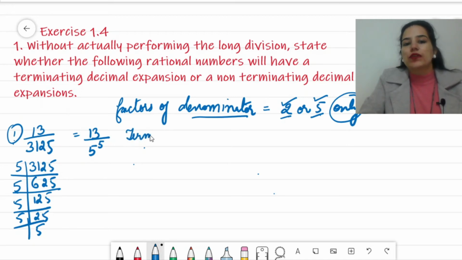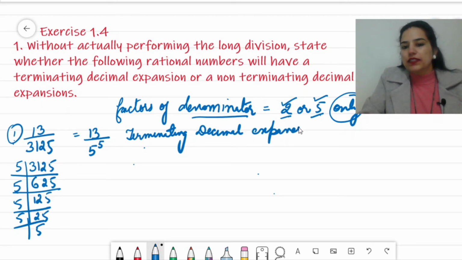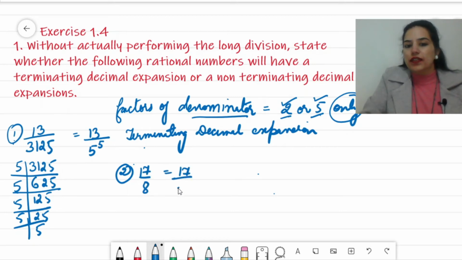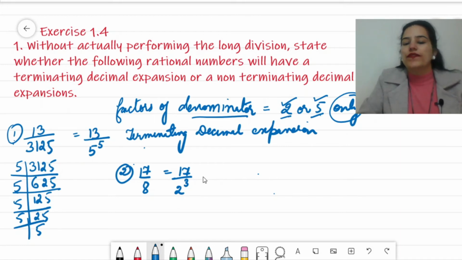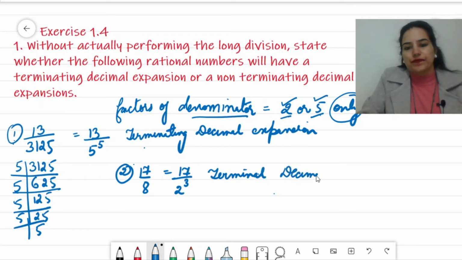Hence this one will have a terminating decimal expansion. Let's do the next part. The next part is 17 by 8. We already know 8 is nothing but 2 cube. All 2's, nothing other than 2. So even this one will have a terminating decimal expansion.